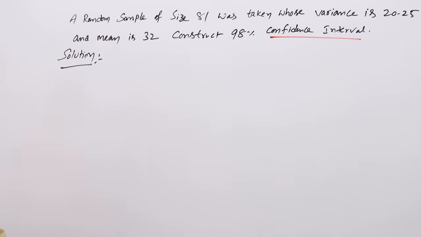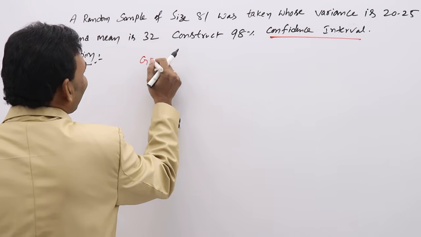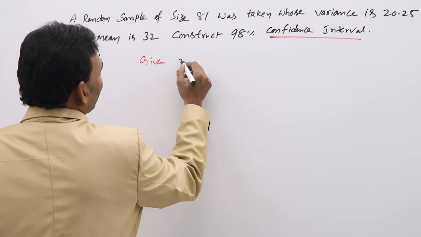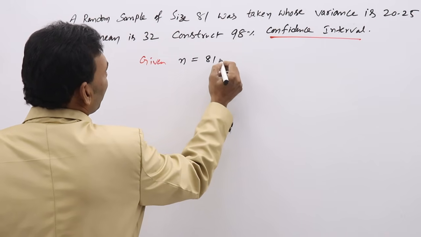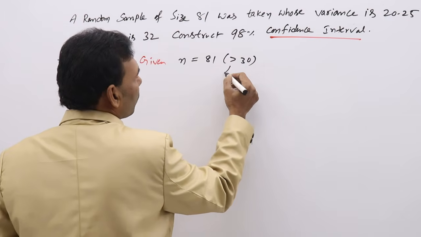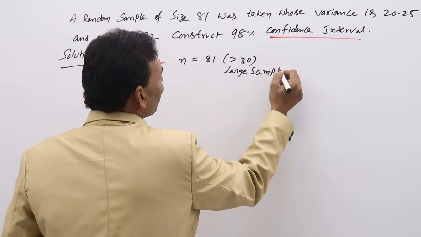So you need to use 98% confidence limits for the given large sample, because the size of the sample is 81 given. n equal to 81, which is greater than 30, so this is called a large sample.